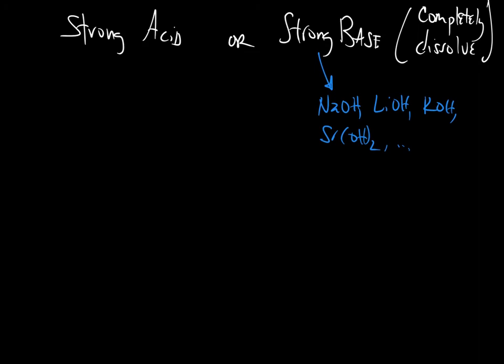Strong acids, it's not as easy to tell. Okay? Because you can't just look at this column on the periodic table and say these are all strong acids. You probably already know that hydrochloric acid is a strong acid because it's common knowledge. But hydrofluoric is not. It's a weak acid. So there's only a handful of those that are strong. So it's from hydrochloric on down.